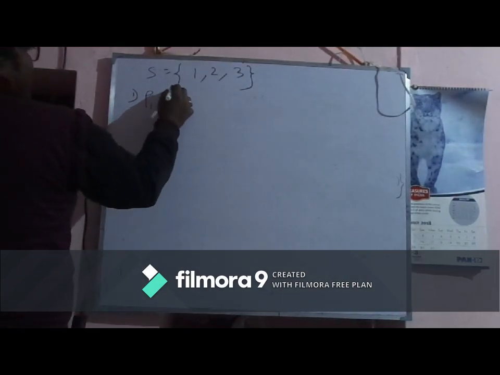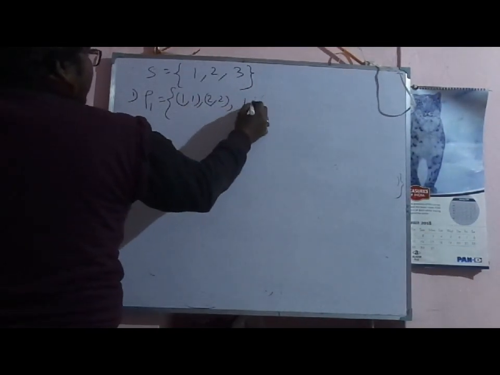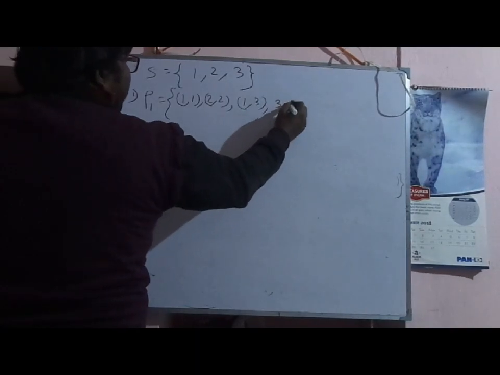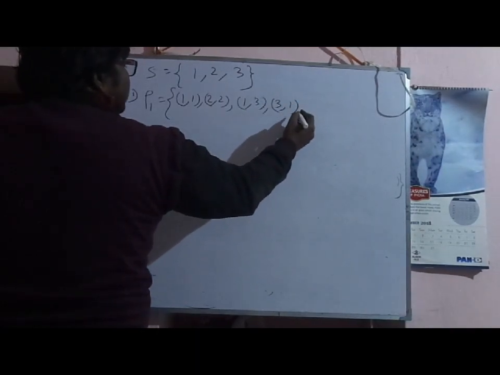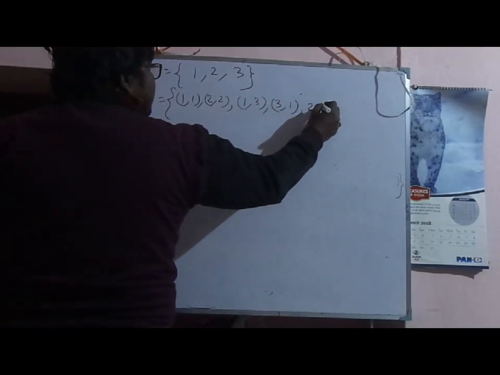Rho 1 equals (1,1), (2,2), (1,3), (3,1), (2,3).